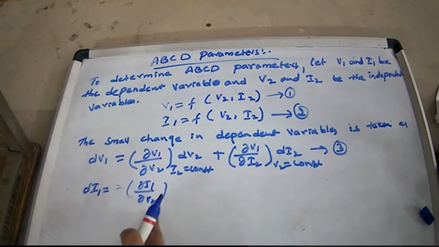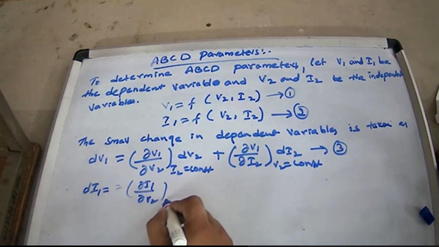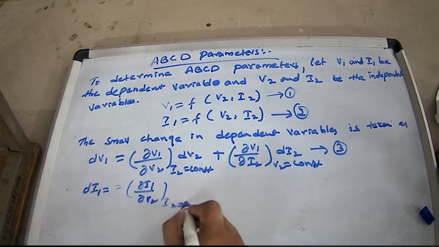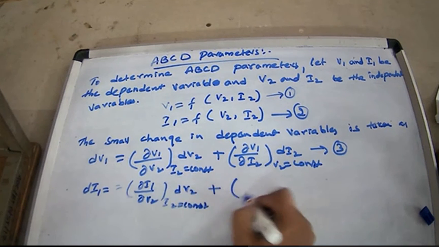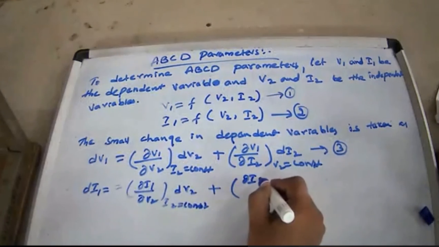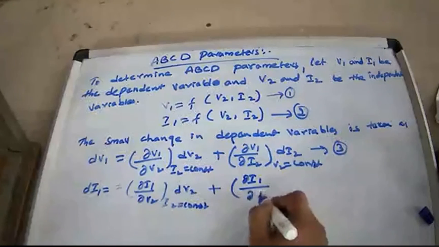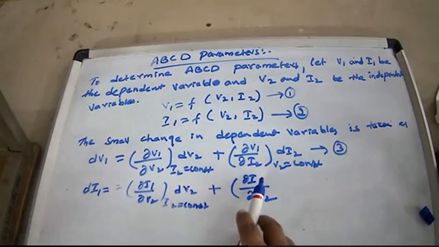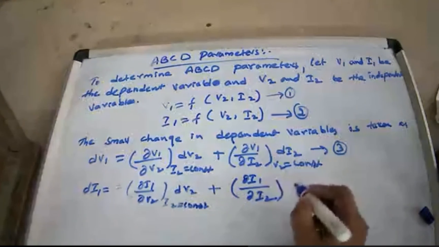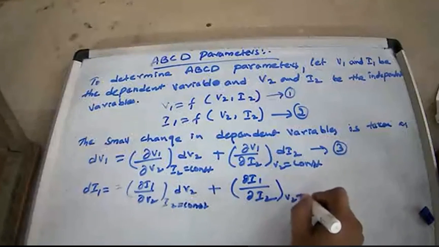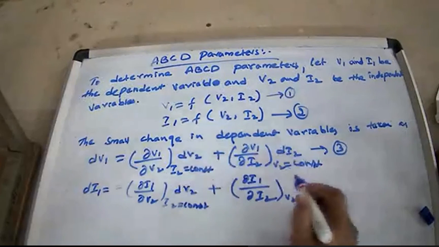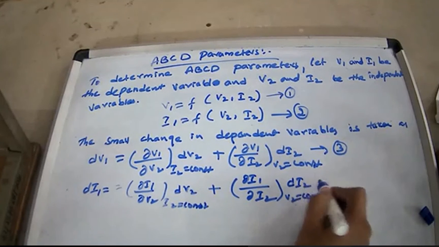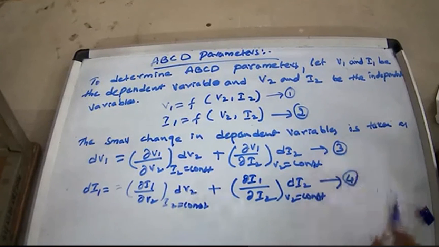Dou I1 by dou V2, where the limit value is I2 equal to constant, with dV2, plus dou I1 by dou I2 with the limit value V2 equal to constant, with the same function as dI2, say equation 4.